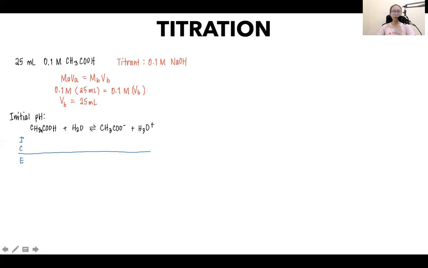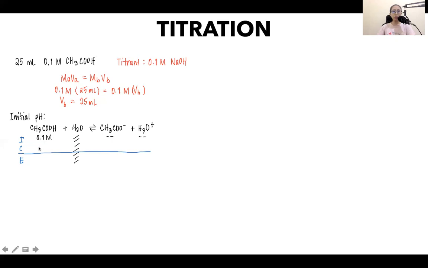The initial concentration of our acid is 0.1 molar. We are not concerned with the concentration of water. We don't have acetate and hydronium ions yet because this is the point before dissociation takes place.